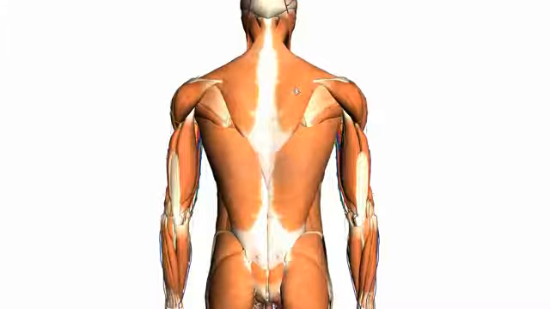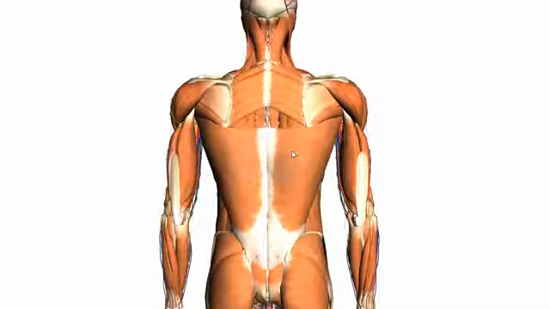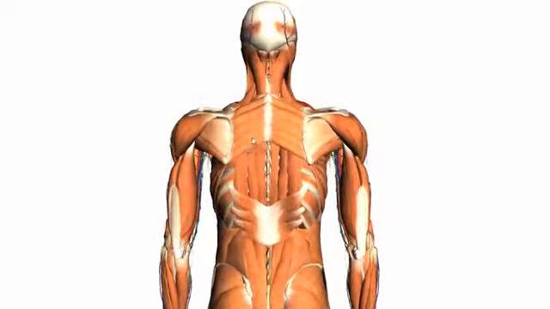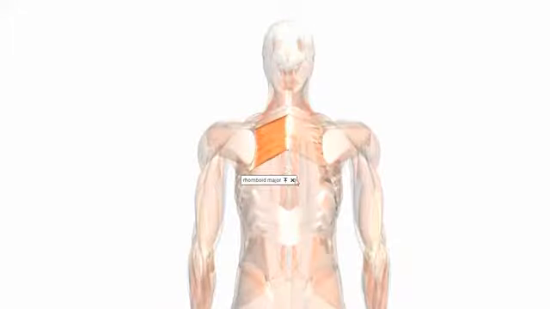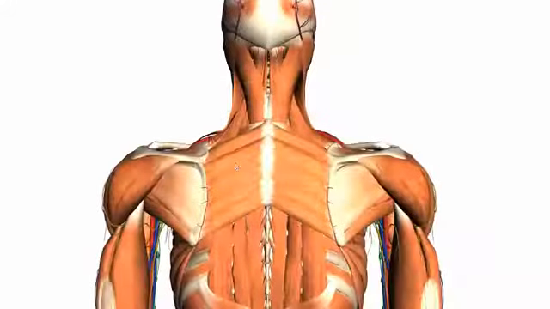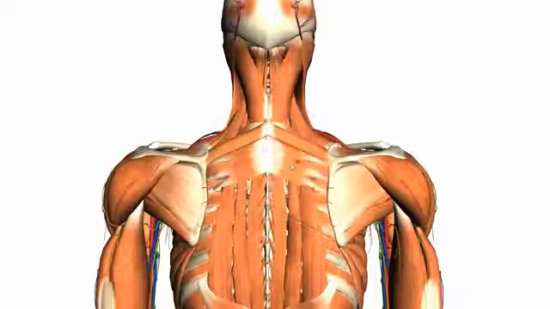So just working our way deeper, just underneath the trapezius you've got the rhomboids, the rhomboid major and the rhomboid minor. And these muscles attach to the scapula, and they function to keep the scapula pressed against the thoracic wall.